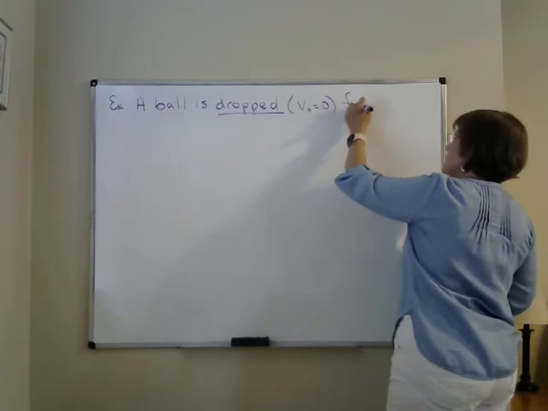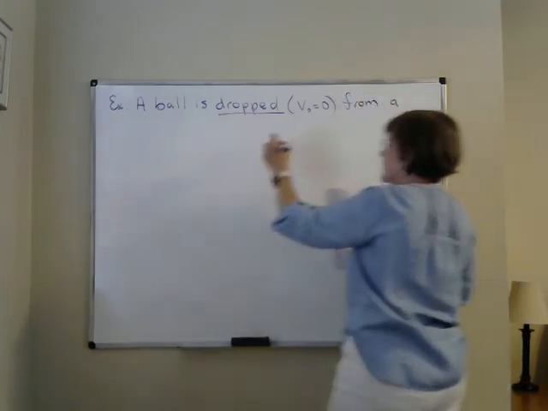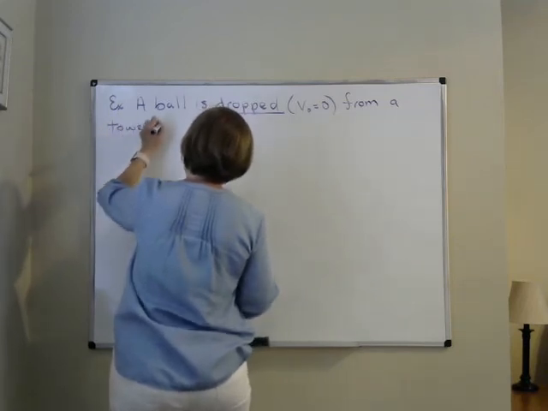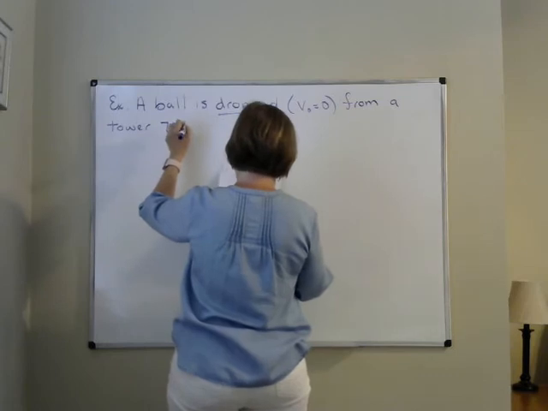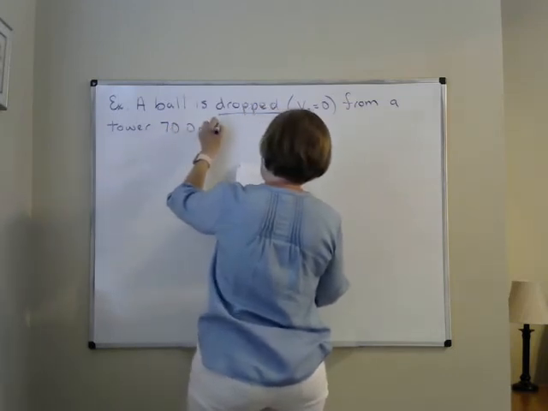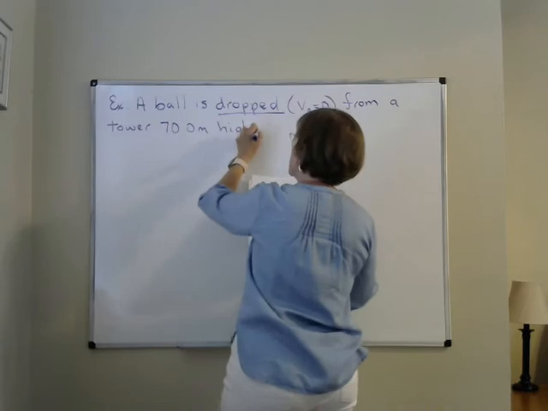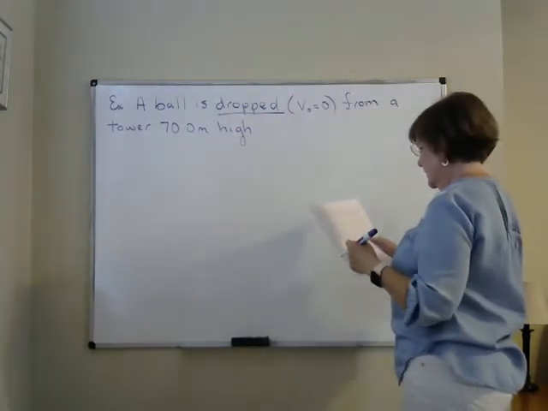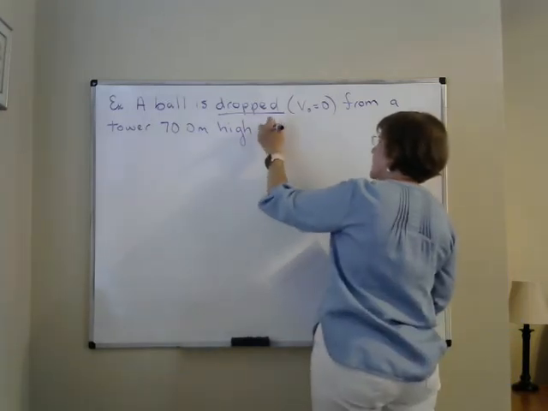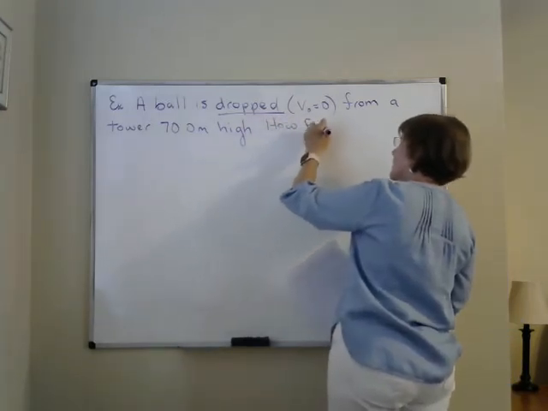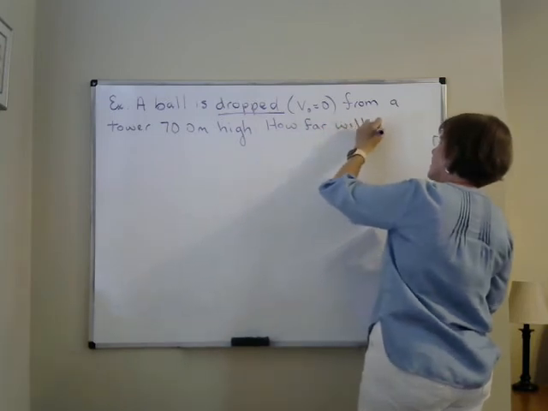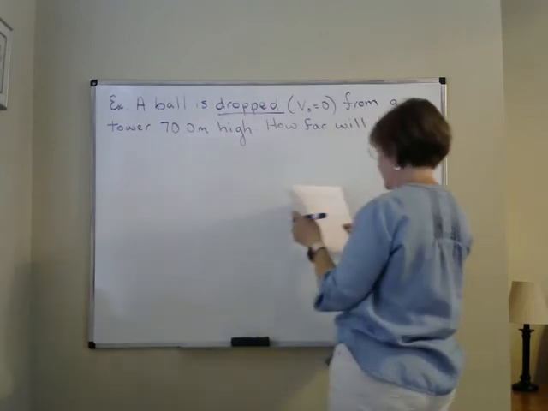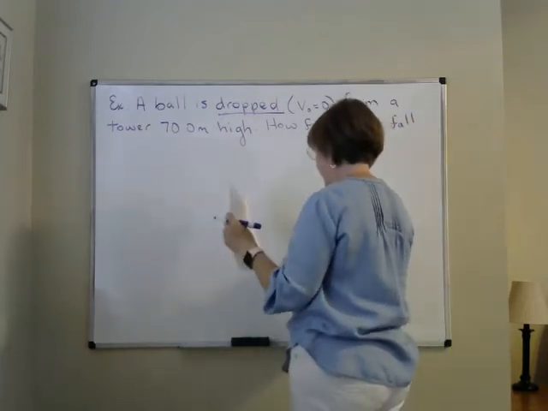From a tower 70 meters high. But we're going to assume that the ball itself is 70 meters above the ground. How far will it fall? Let's change my words.